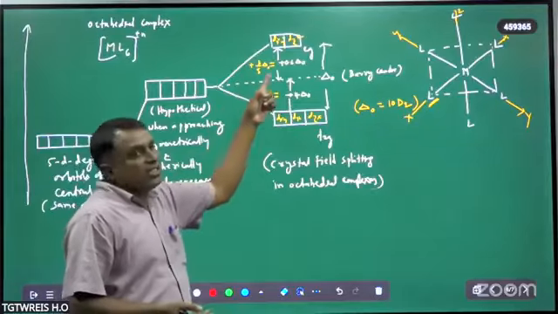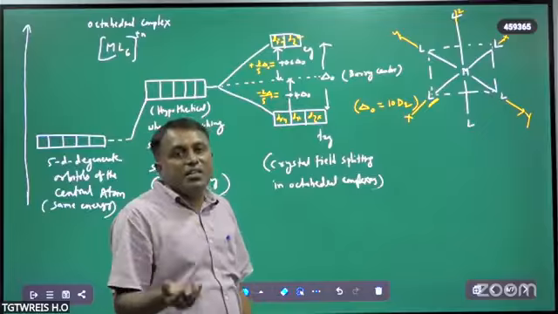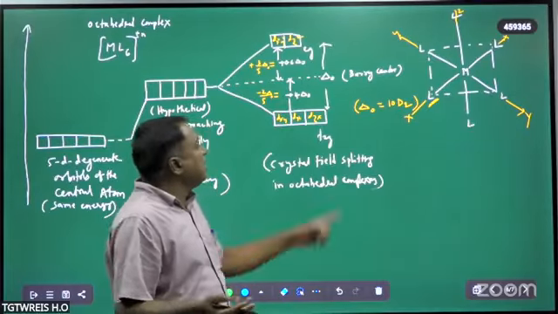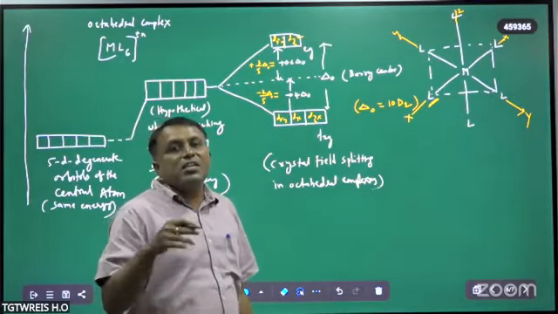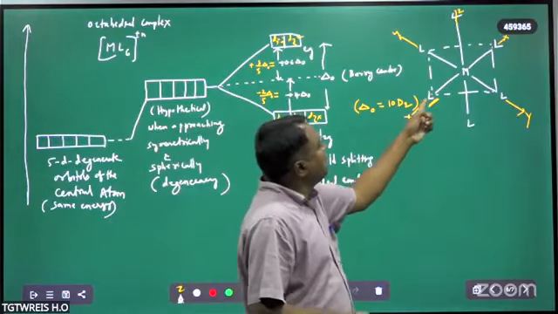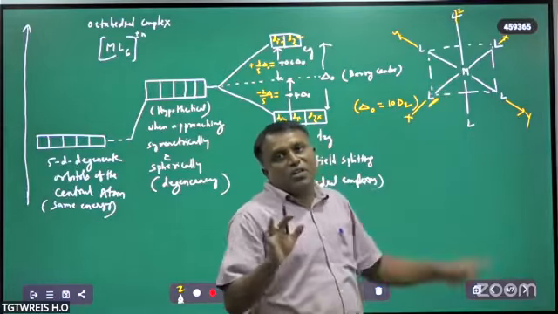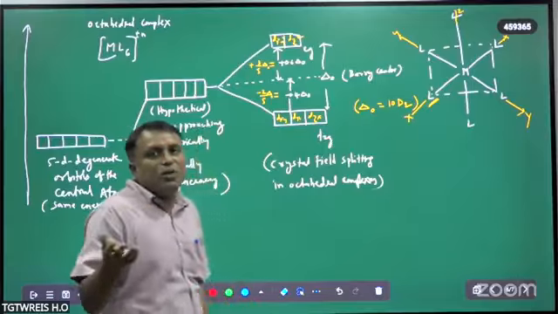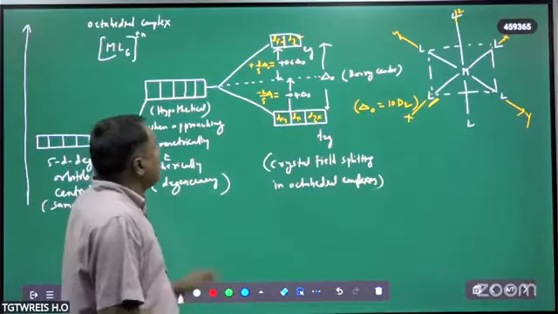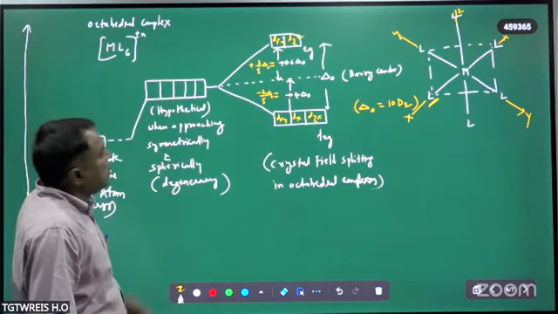Therefore, eg orbitals experience greater repulsions from the ligands, so their energy increases, whereas t2g orbitals experience lesser repulsions as they approach the ligands in between the axes. Therefore, their energy decreases because the repulsion between them is very less. This is the splitting in octahedral complexes.